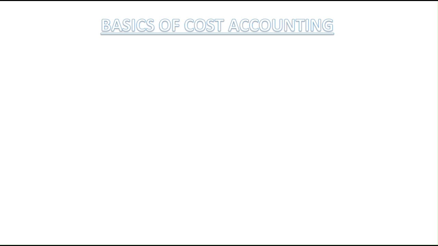Accounting is a broader concept and it records all the financial transactions. Whenever there is a specific requirement, it needs to be handled separately based on the requirements we have. So one of such branches is cost accounting.